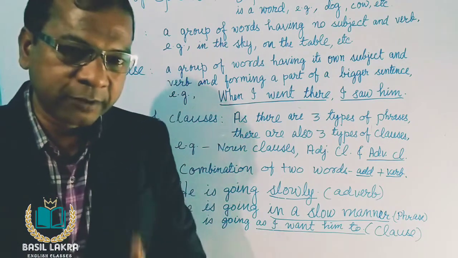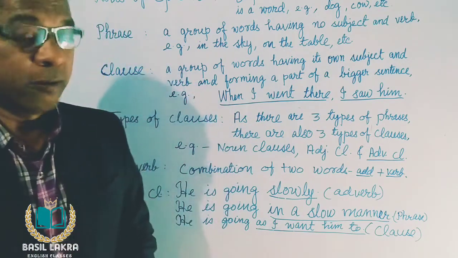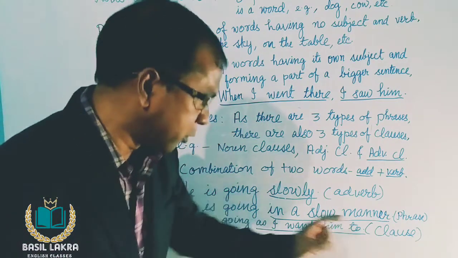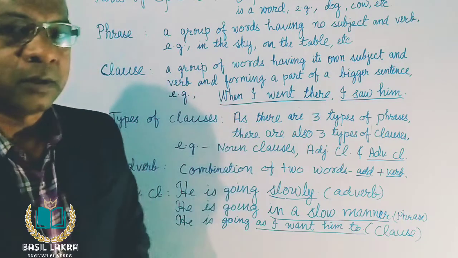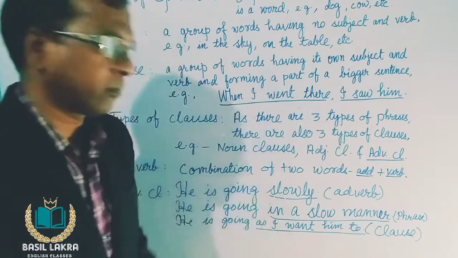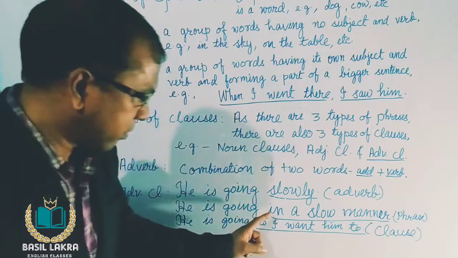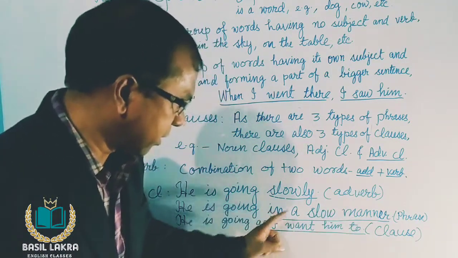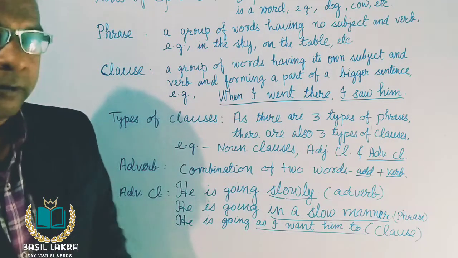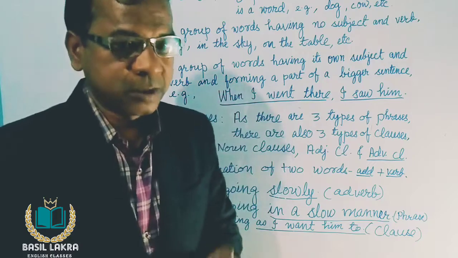It is an adverbial clause of time. Why? Because as I want him to, which is a clause, does the same work as the adverb slowly or as the phrase in a slow manner. I hope you have understood what a clause is.